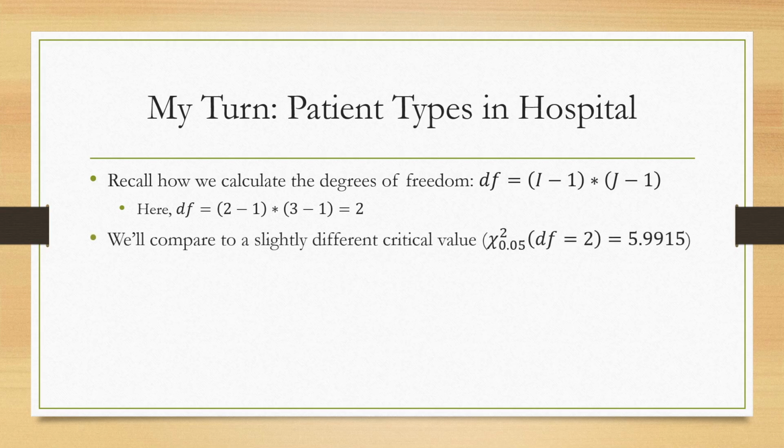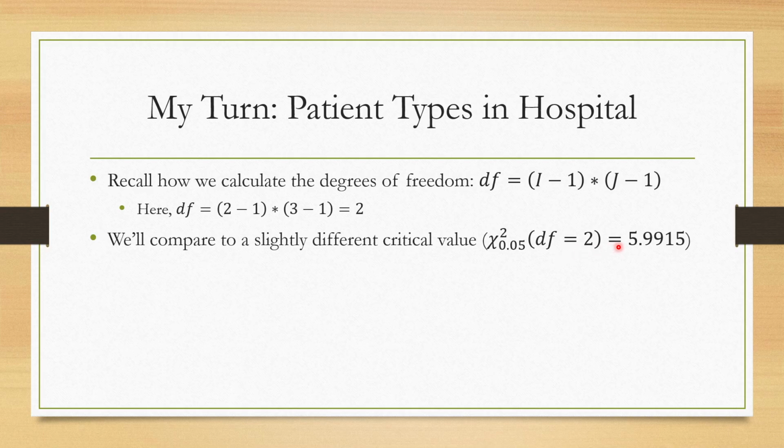We're going to compare, in this case, to a slightly different critical value than we had before. Now, I want to call out why this is different. The degrees of freedom is actually the same as we had before. But now, in this problem, in the initial problem statement, we had alpha given as 0.05 instead of 0.10, and that changes what our cutoff is. So this is a slightly different critical value, but it's slightly different because of the alpha level, not the degrees of freedom.